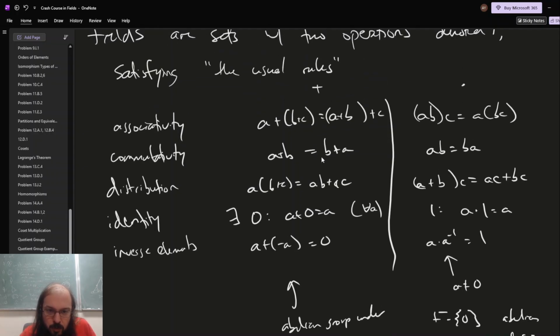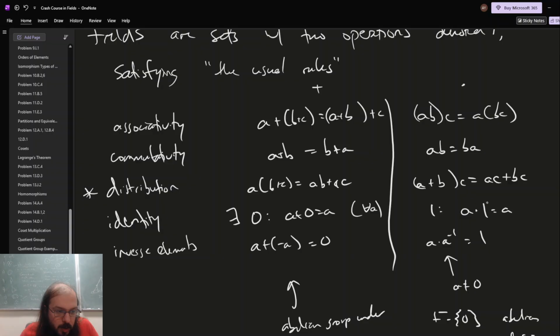And then the distribution rule says that these operations are compatible with each other in the way that we're familiar with from algebra. So, in other words, a lot of the stuff that we've been thinking about with regards to groups in terms of the base calculations are going to be possible here. And we're going to be able to study them with similar algebra tricks, right? Like similar types of looking at equations and manipulating them and so on.